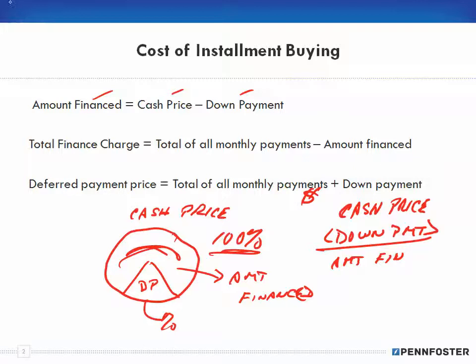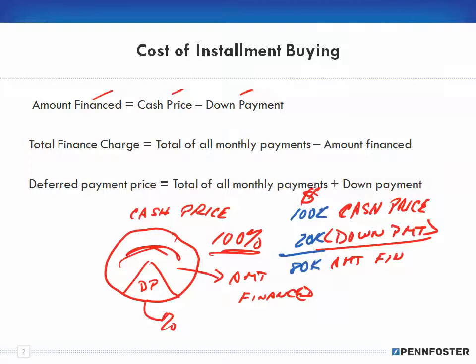Say, like I said, $120,000, and if I put down a $20,000 down payment, I subtract one from the other, and the amount being financed is 100,000. But to keep numbers a little easier, let me use a cash price of 100,000 and still put down the $20,000, which means the amount financed is 80,000.